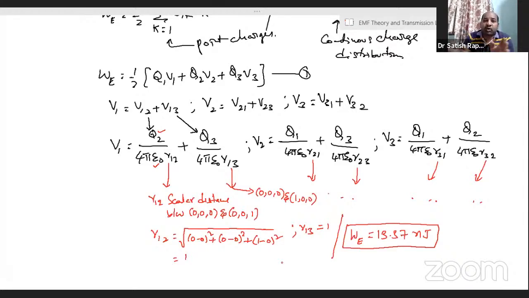So once you are well aware of the concepts of electric field, it will become very easy to understand magnetostatic fields.